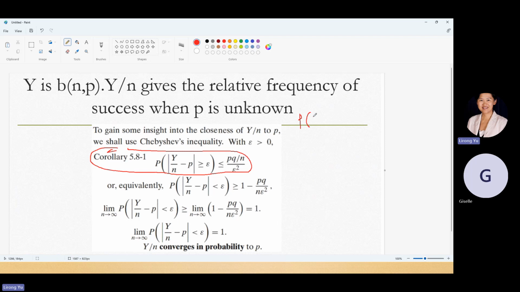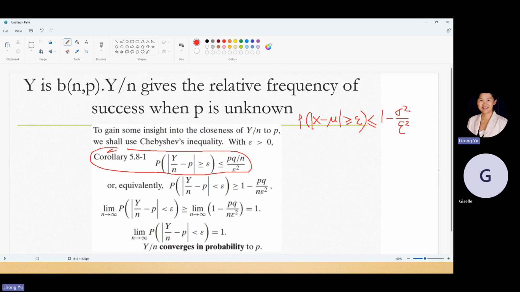The probability that x minus the mean is bigger than epsilon is less than the standard deviation squared over epsilon squared. The bigger the epsilon, the bigger the distance, the smaller the probability.